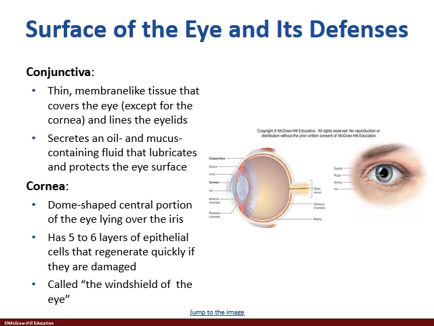These tissues, known as the conjunctiva, excrete different oils, different mucus-containing fluids that not only lubricate, as the slide in the textbook talks about, but will also have, as we see in this lecture, antimicrobial properties in some of the proteins and things that are expressed there.